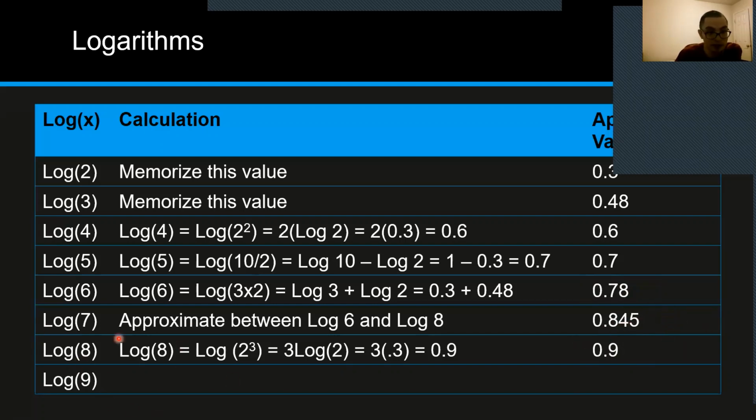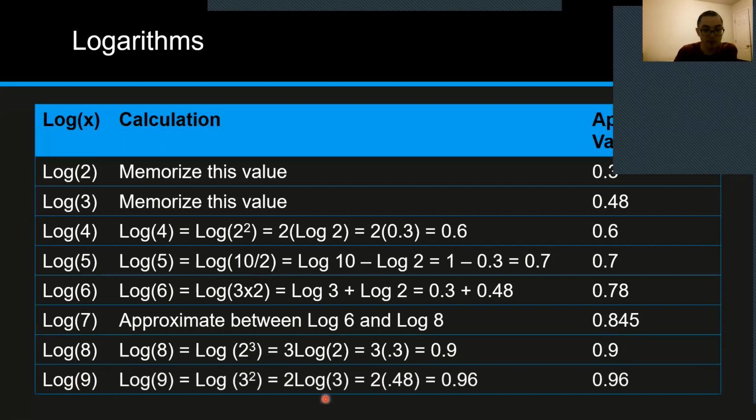And then let's think about how we would do log of 9. So log of 9, we have 1 times 9, or 3 times 3. We don't know log of 9, so using 1 times 9 would be useless. So we have log of 3 times 3, right?